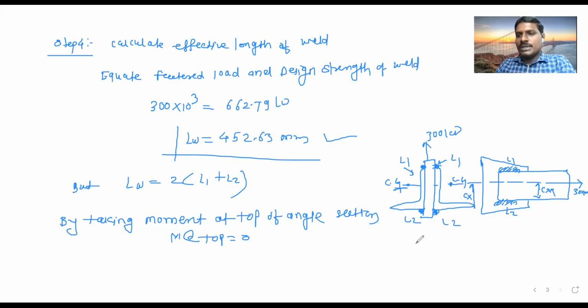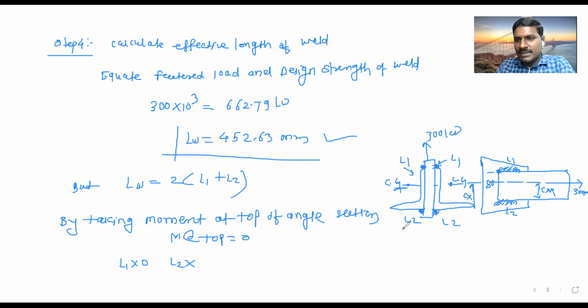Now we are taking the moment at top. So here L1 into how much? 0. Then L2, the force due to this welding, into 80.